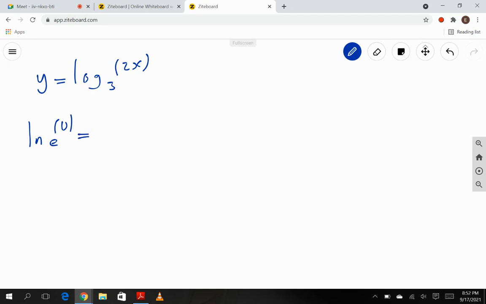We are saying u prime over u, isn't it? Now remember, like I've been saying, this ln is the same as what? It's the same as log e, and then with a u there. And then you're getting what? u prime over u. But the fact of the matter is that you're actually having a log.